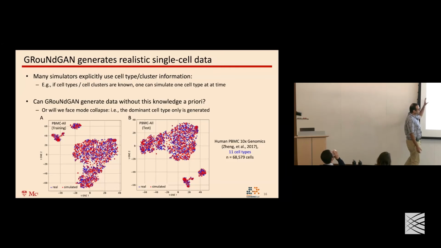And so, without providing that cell type information explicitly, we trained a model on this data set that has approximately 70,000 PBMCs from 11 different cell types. And here, again, visually, you can see the t-SNE plots for the training and the test. You can see that even in these islands, we have a good mixing between the simulated and real data sets.